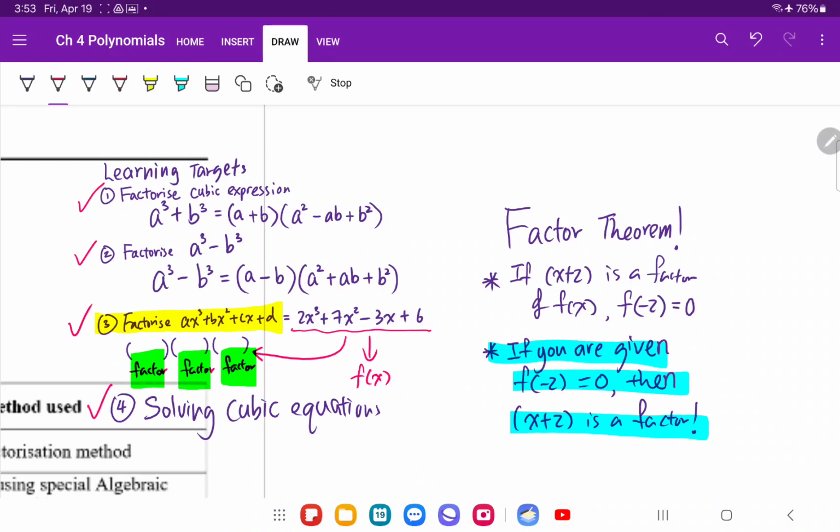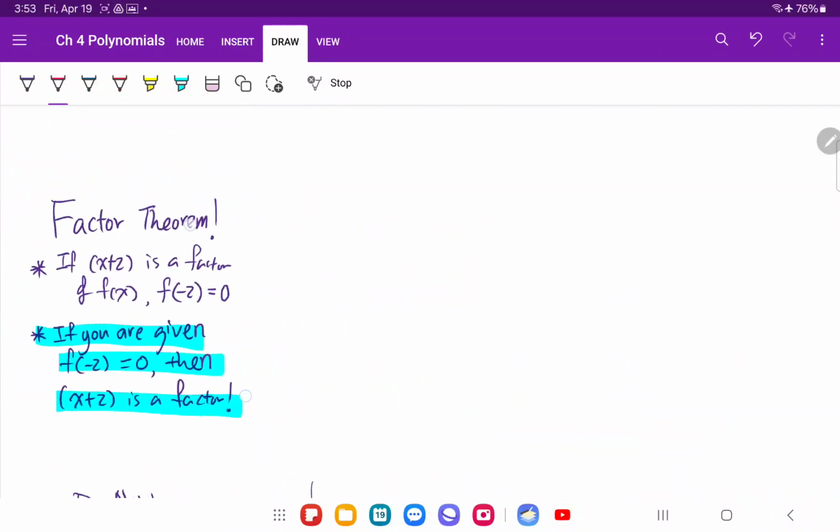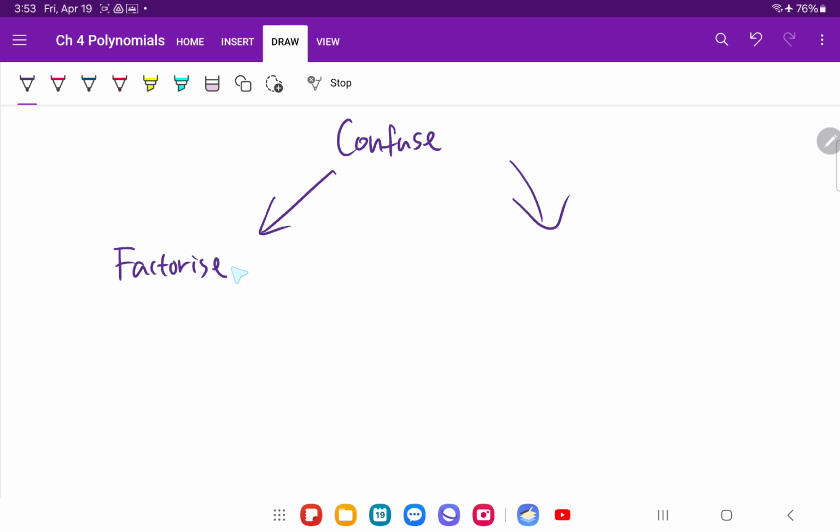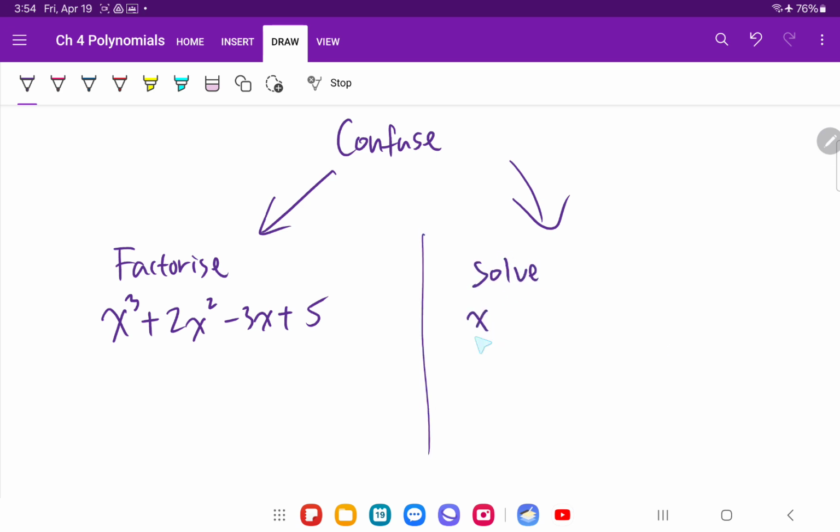Okay, before I end, just want to caution you, for this particular topic, students sometimes like to confuse themselves over the 2 kinds of question. The first question is factorize x cubed plus 2x squared minus 3x plus 5, versus solve x cubed plus 2x squared minus 3x plus 5 equal to 0.